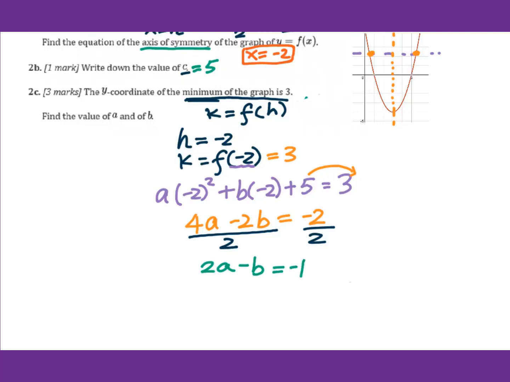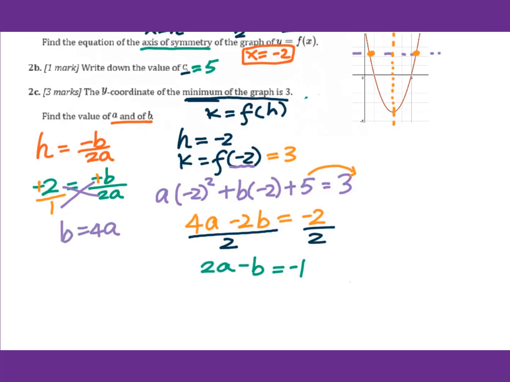Another relationship between A and B: remember h equals -B over 2A. Your h equals -2 equals -B over 2A. Then cross multiply. Both negatives change into positive. B equals 4A.